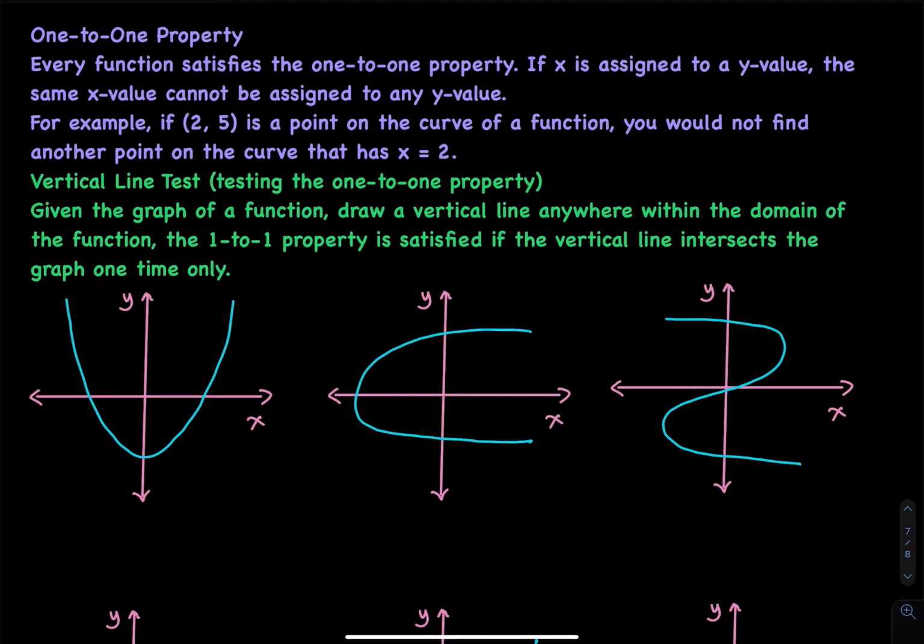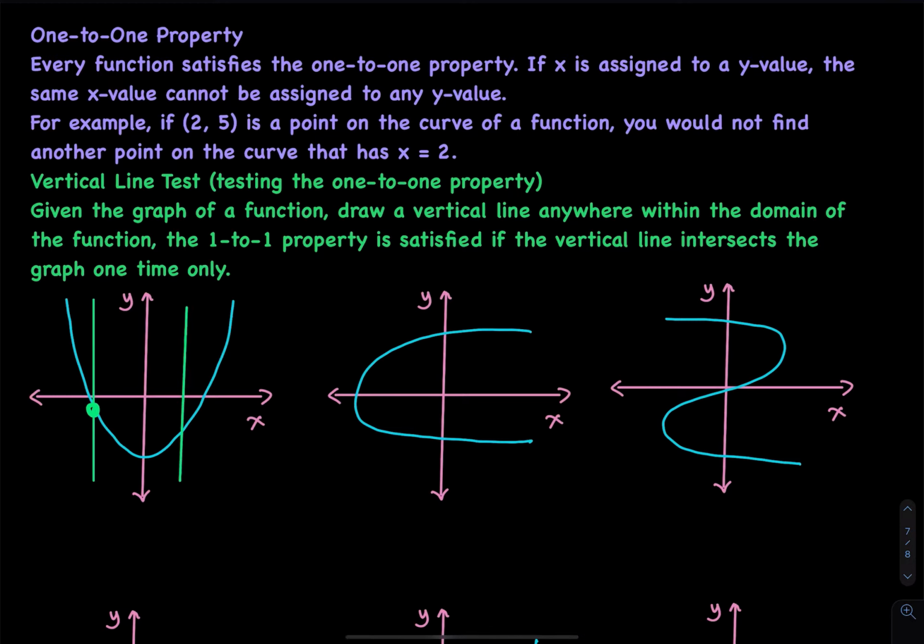So I have a couple of graphs right here. Let's practice the vertical line test. Very easy. The first graph is a parabola. All you have to do is draw a vertical line like this, and then find the number of intersections. Since the vertical line hits the curve one time, right here, can I draw a line right here?